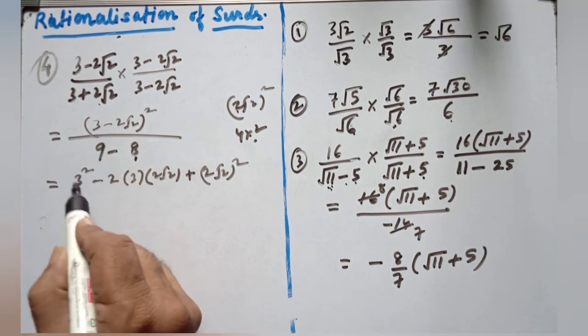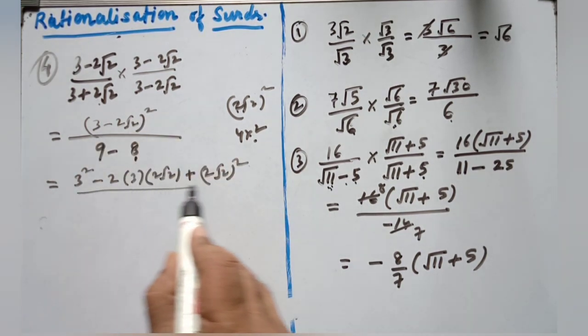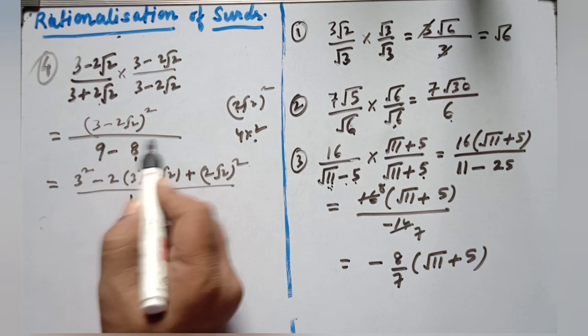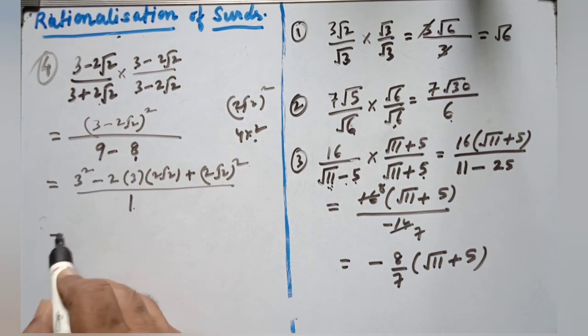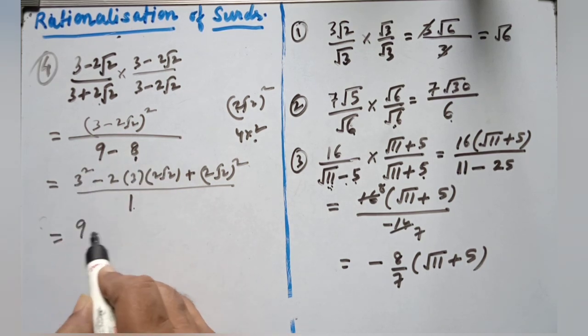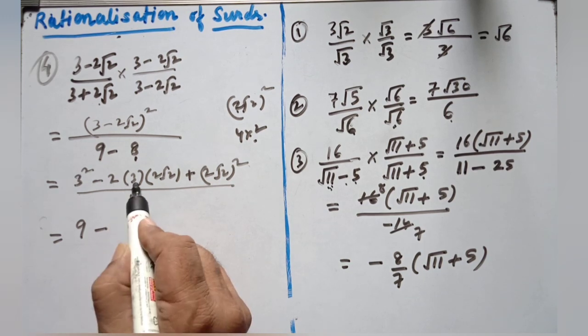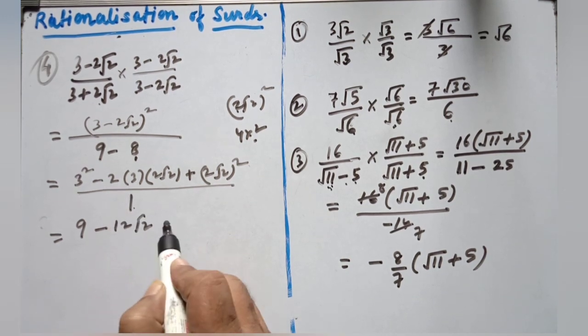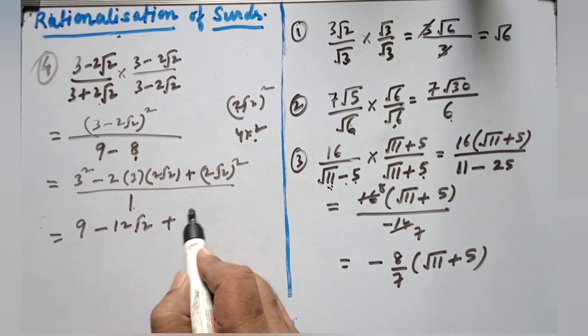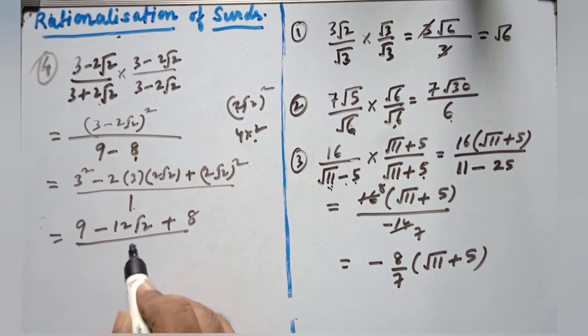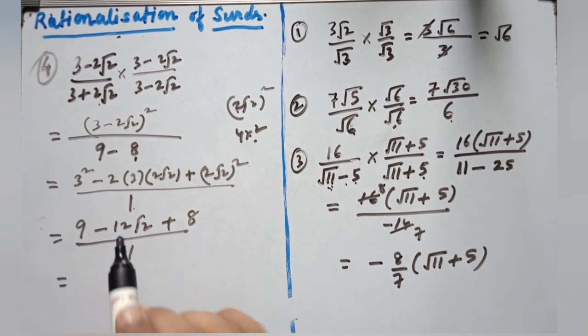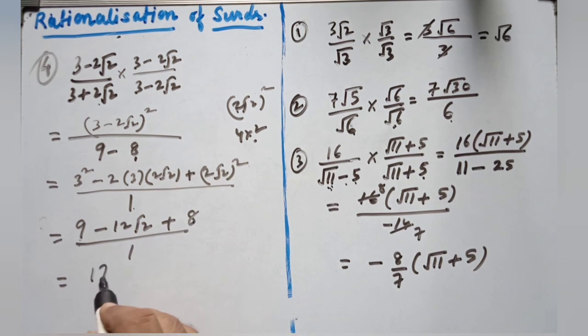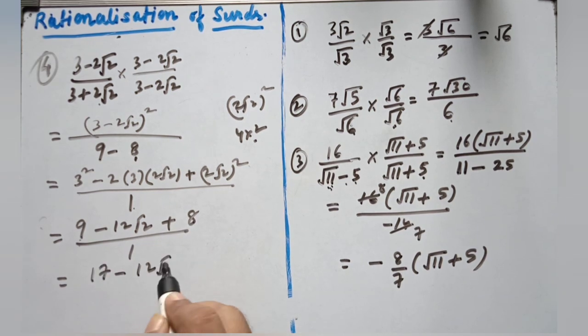We are applying the formula of a minus b whole square, and now you simplify the terms. 9 minus 8 is 1. 3 square is 9 minus 4 3 is 12 root 2 plus 2 root 2 square is 8, upon 1. 1 we can avoid writing. 9 plus 8 is 17 minus 12 root 2. So the denominator is a rational number. Is it clear? Understood?